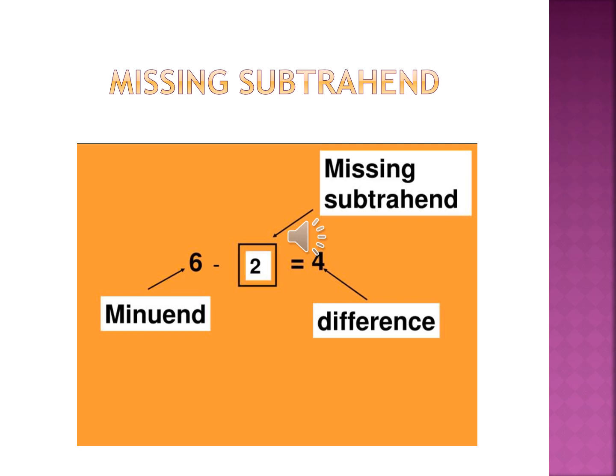In that case, the subtrahend will be given to you. For example, dash minus 2 is equal to 4. So you have to think of a number from which when we subtract 2, we get 4. So you can think of 6. 6 minus 2 is equal to 4.